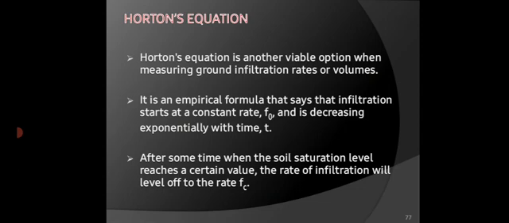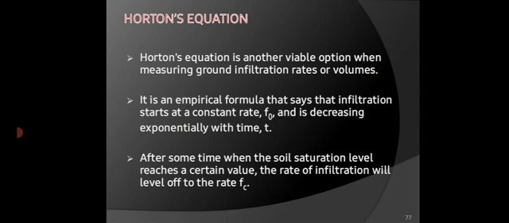It is an empirical formula that says that infiltration starts at a constant rate and decreases exponentially with time. Obviously, infiltration is maximum at the starting time of rainfall, and slowly it gets reduced every time because the soil gets fully saturated and cannot absorb more water after some limit, and then runoff starts.